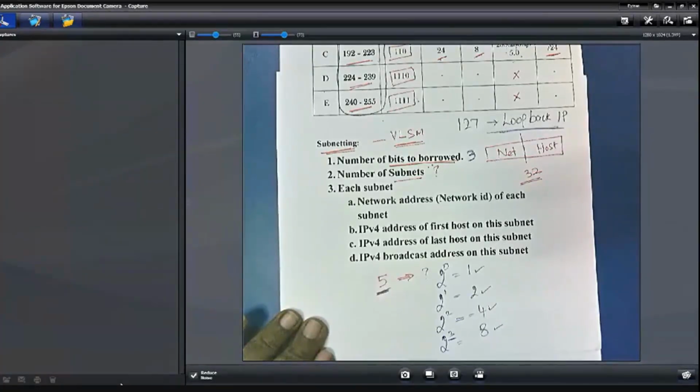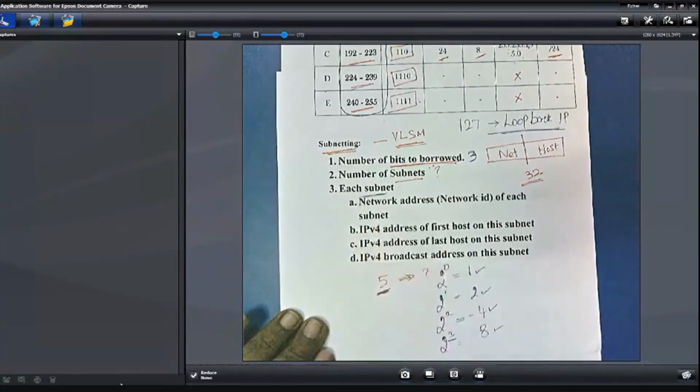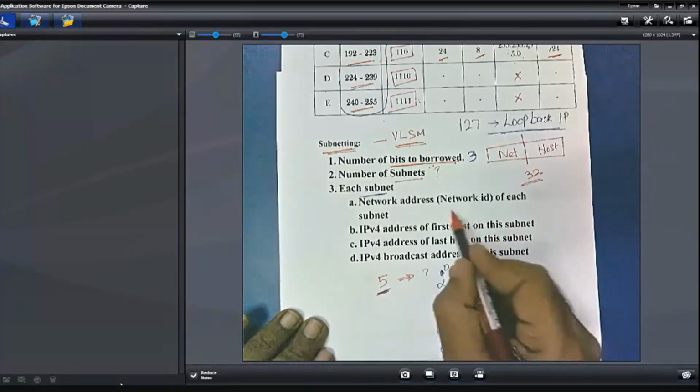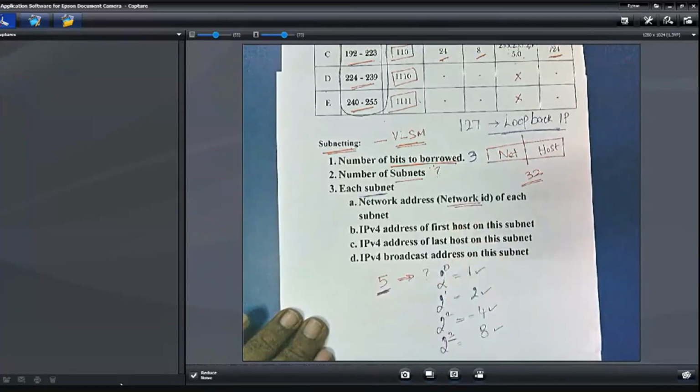Then the next one is, for every subnet, you have to calculate, you have to find the network ID.